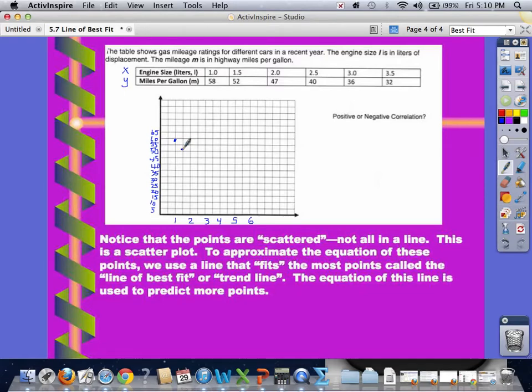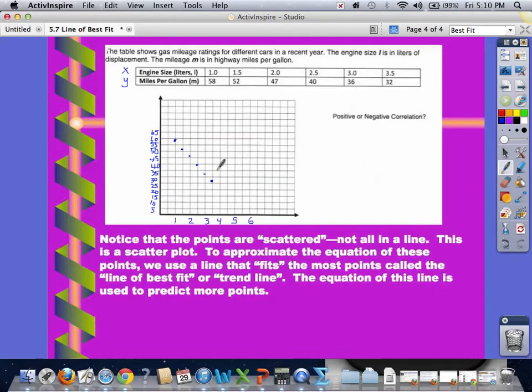At 2, it's about 47. At 2.5, it's about 40. At 3, it's 36. And at 3.5, we're looking at 32.